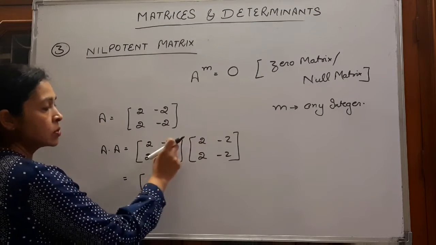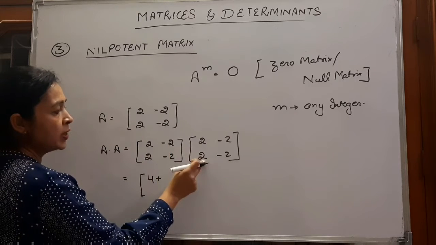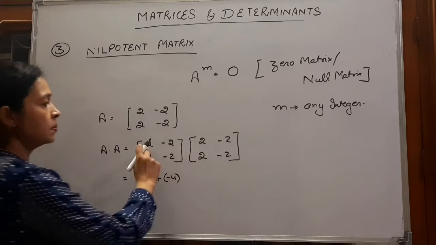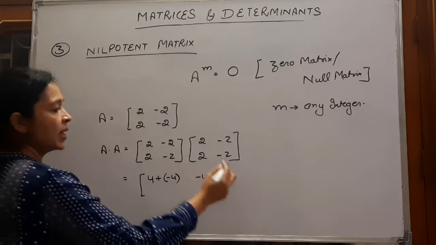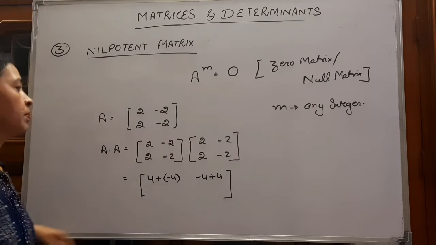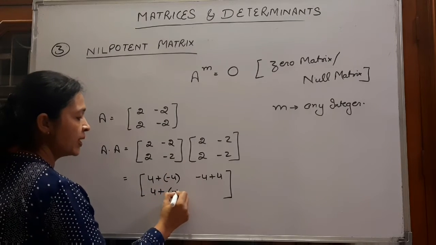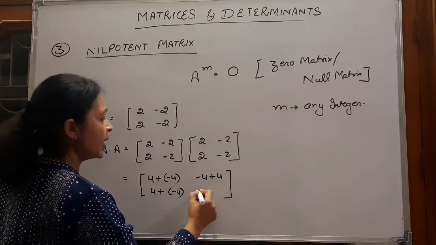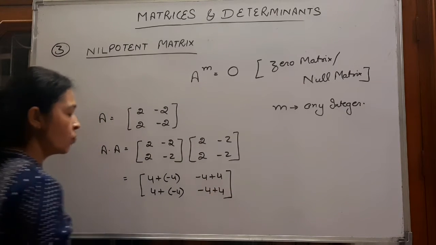Now 2 into 2, first row, first column, 2 into 2, 4, plus minus 2 into 2, minus 4. First row, second column, 2 into minus 2, minus 4, plus minus 2 into minus 2, 4. Second row, first column, 2 2s are 4, plus minus 2 into 2, minus 4. Second row, second column, 2 into minus 2, minus 4, plus minus 2 into minus 2, 4.